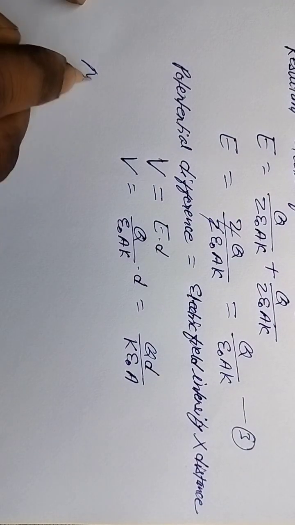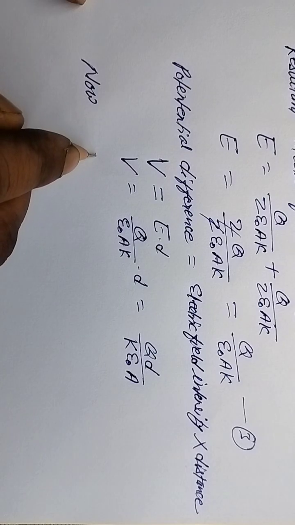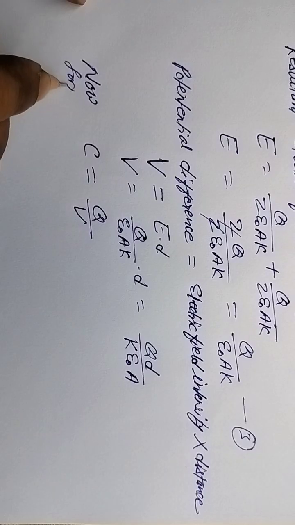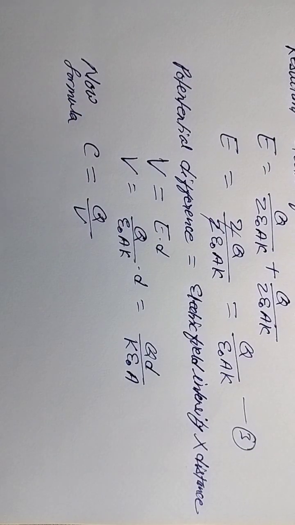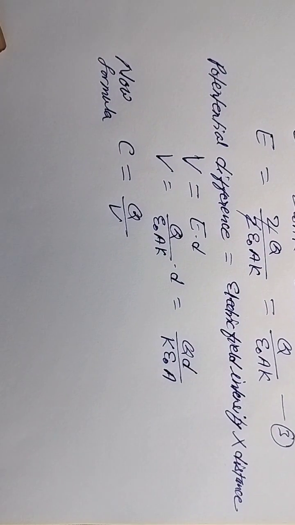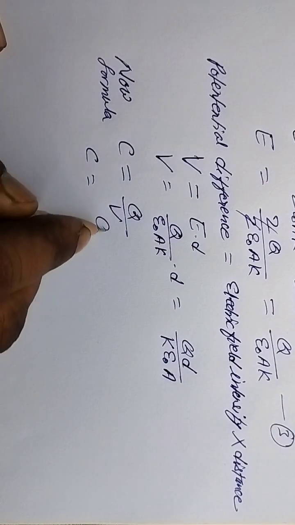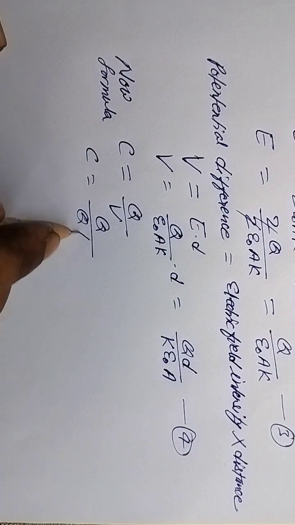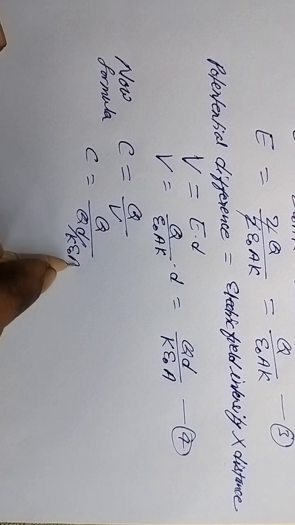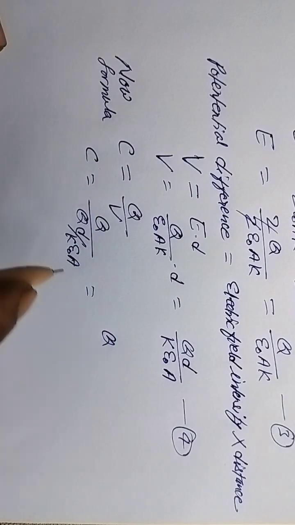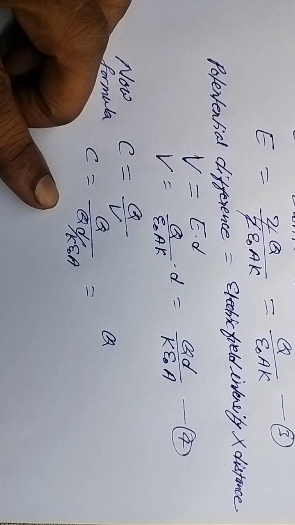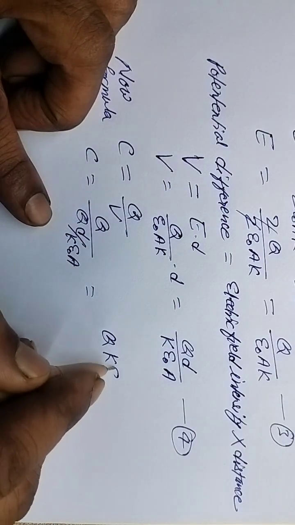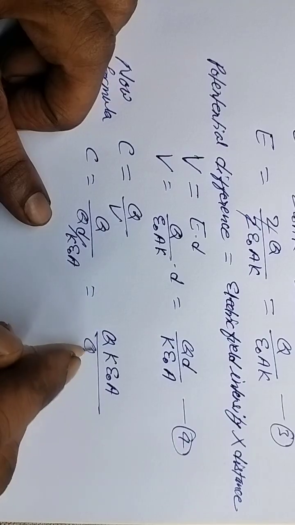Now according to the formula of capacity, C is equal to Q upon V. Put the value of V, we get C is equal to Q upon equation number 4, Q d upon K epsilon 0 A. That will be Q, this lower denominator will go to the numerator, that is K epsilon 0 A upon Q d.